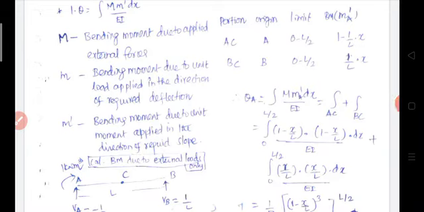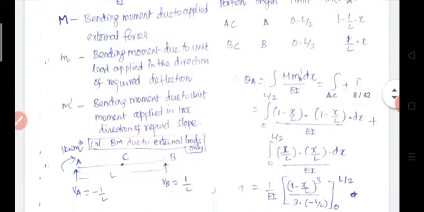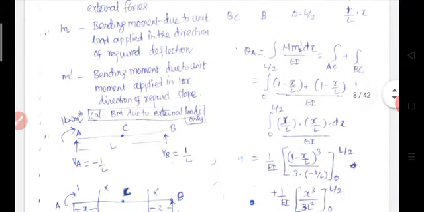So theta A is equal to integration of capital M small m dash into dx divided by EI. So substitute the M and small m dash values. First for the AC portion, then the BC portion.